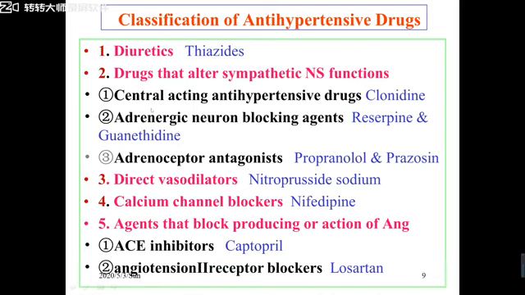And among these five kinds, four are first line antihypertensive drugs in clinic. The first is thiazide. The second is beta receptor blockers. The third is CCB, calcium channel blockers. Number four is ACEI. So these four kinds of drugs are the first line antihypertensive drugs. Next class, we'll study the details. Okay, this class is over.